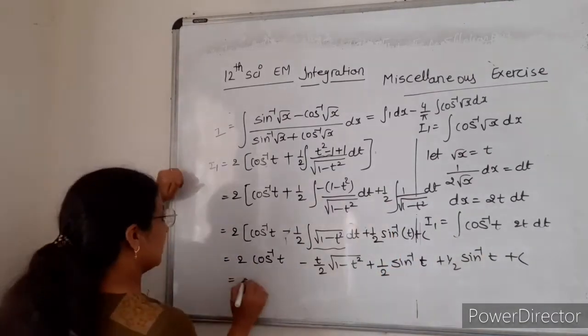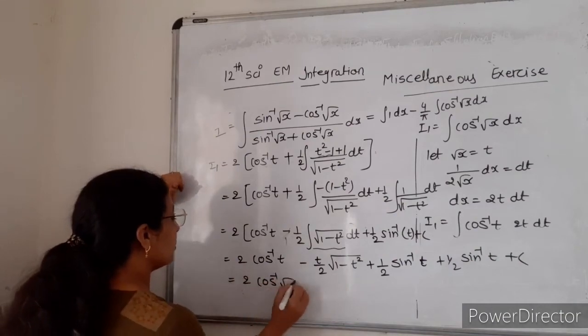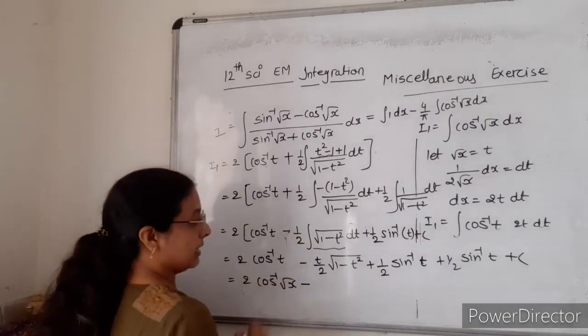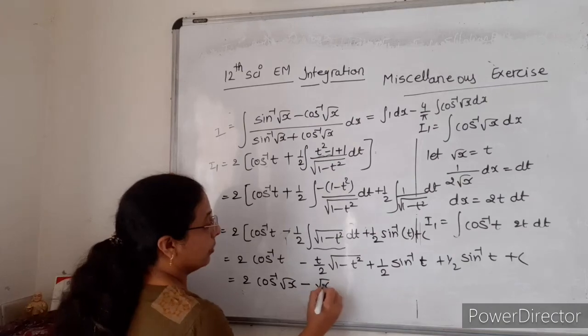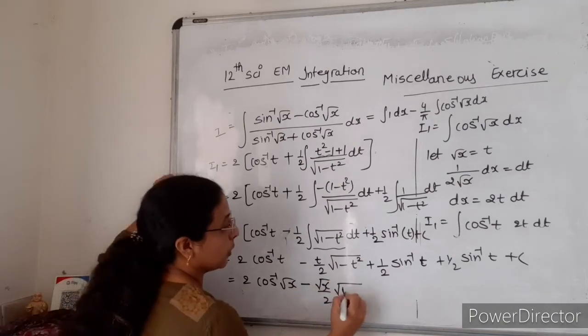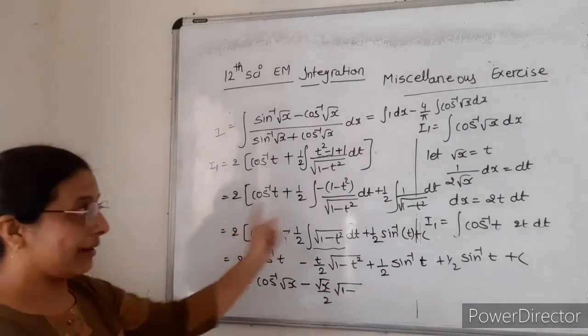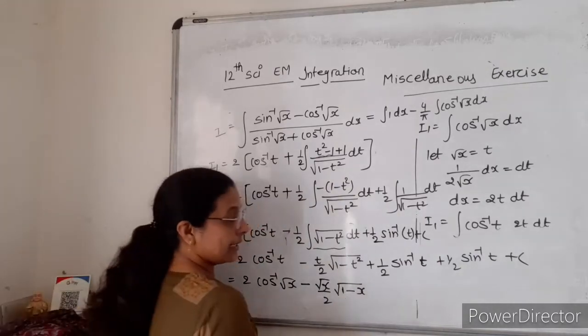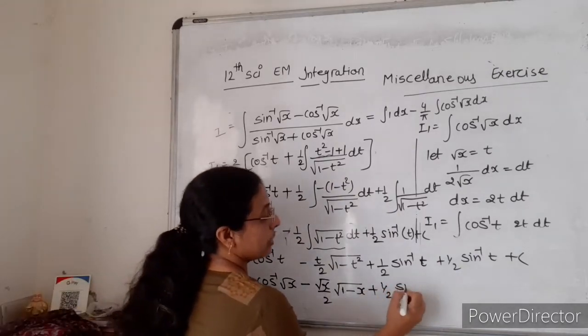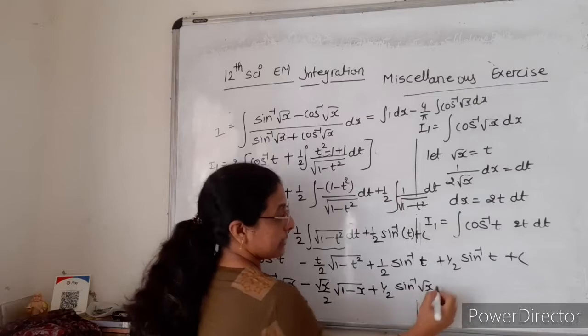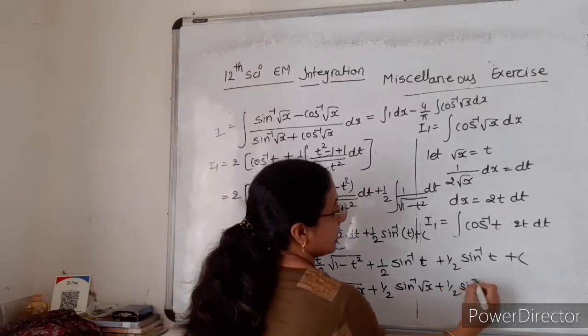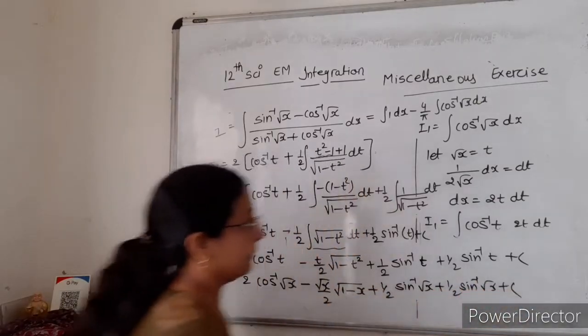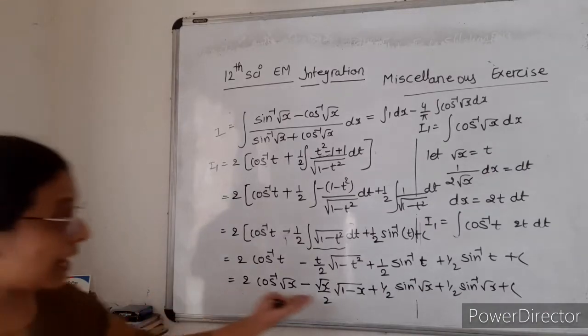So we can write now 2 cos inverse root x minus t is root x by 2 under root 1 minus x plus 1 by 2 sin inverse root x plus c. This is our I1.